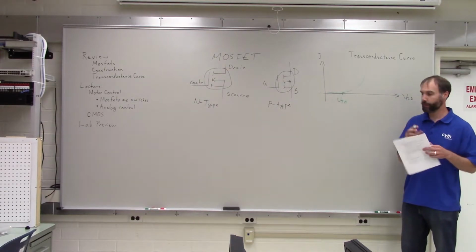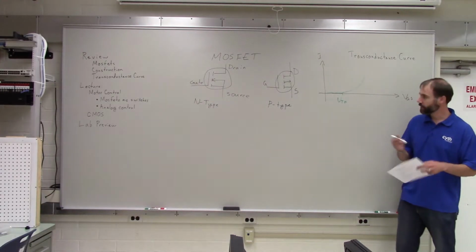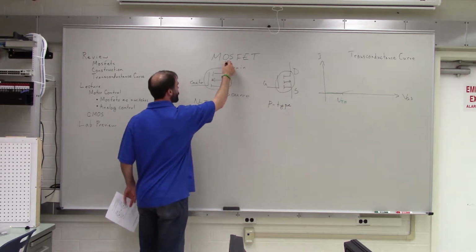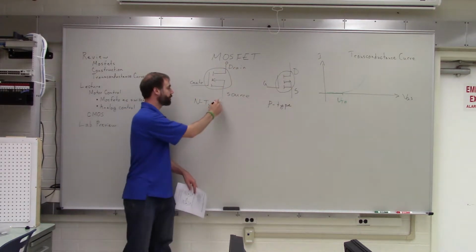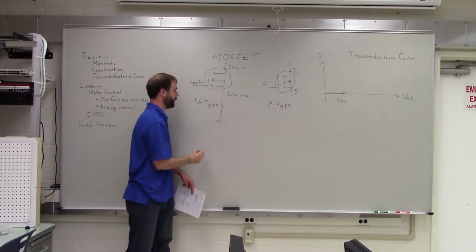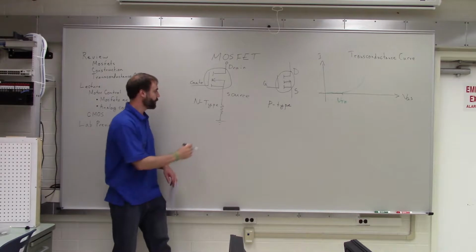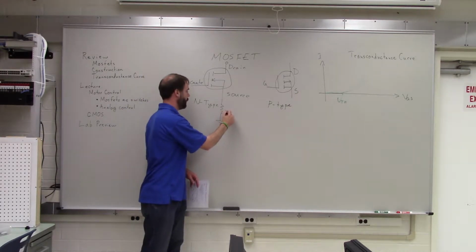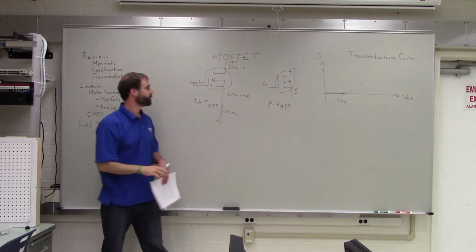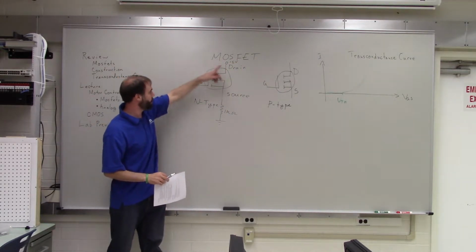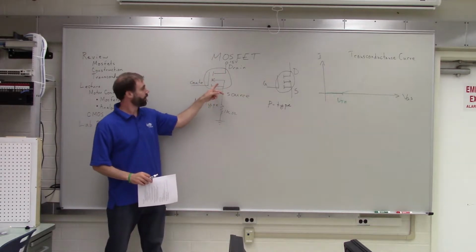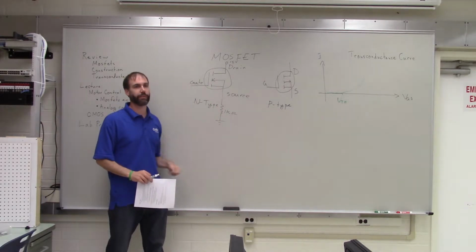Like for instance, last time we set up a circuit that had a voltage source up here, and then had a resistor down here and ground. So if this resistor was 1 kilo ohm and this was 15 volts, even if this MOSFET acted exactly like a straight wire, you're never going to get more than 15 milliamps through this circuit, right?